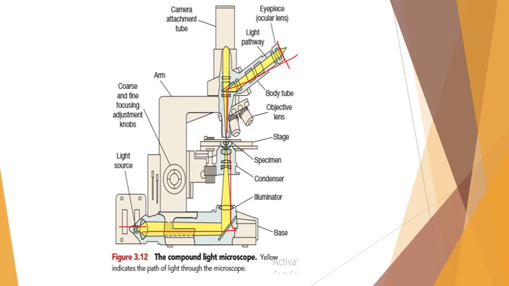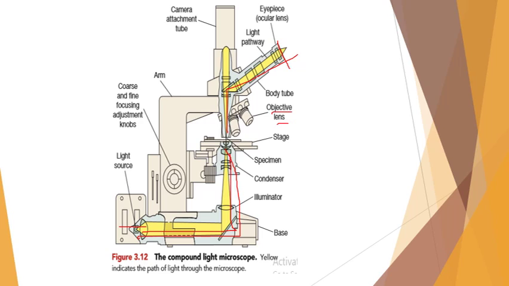From here we have a source of light that produces light, and from this illuminator the light enters into a condenser. Then this condenser condenses the light, as you observe there, and after transmitting through the specimen, it enters the body tube where the objective lenses are present.